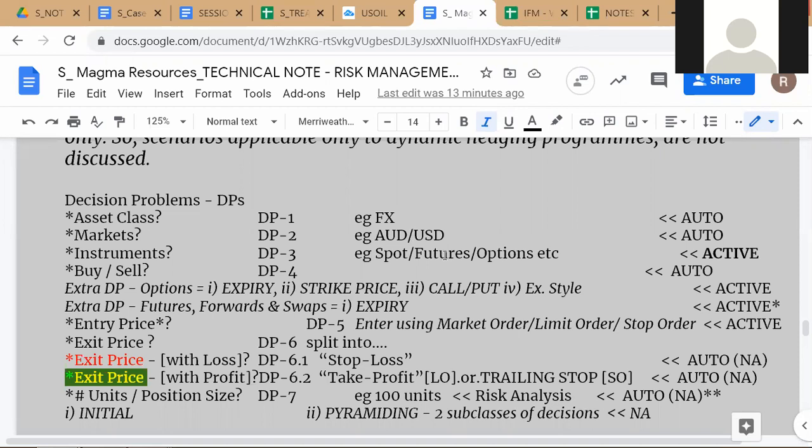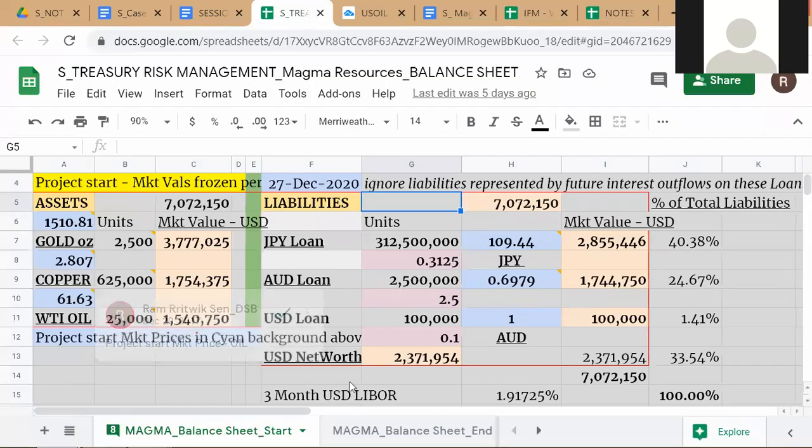But there should be a kind of policy document which addresses this question: what are the instruments that the hedging team is allowed to use as it goes about hedging the risks that the company faces, which is basically the risk that the net worth will go down. Net worth will go up, we don't consider that a risk. Classical finance will consider that a risk, but we practical people don't consider it a risk.